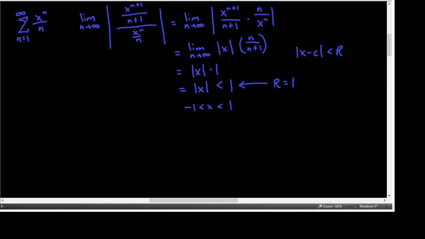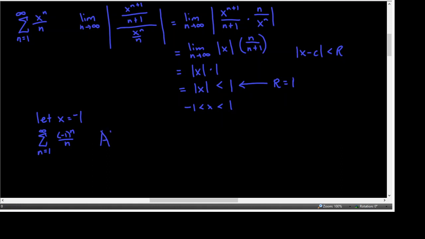So what we're going to do is next test the endpoints. So if x is negative 1, then our series will become negative 1 to the nth over n. And if you think about that for a second, that's a series you should know. Has a name. Do you remember its name?